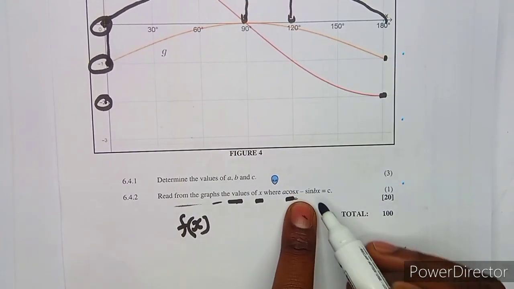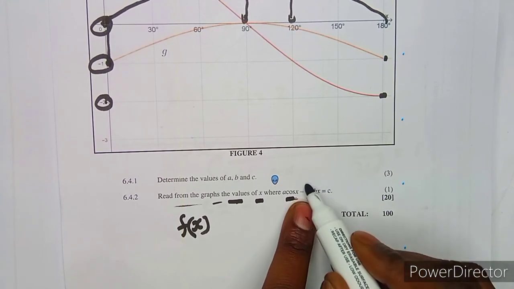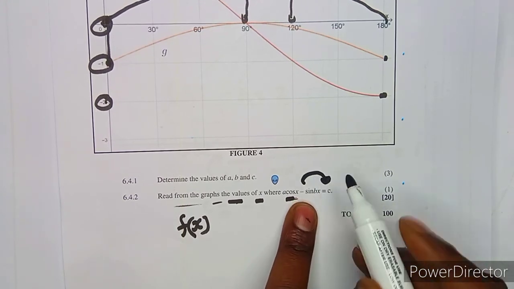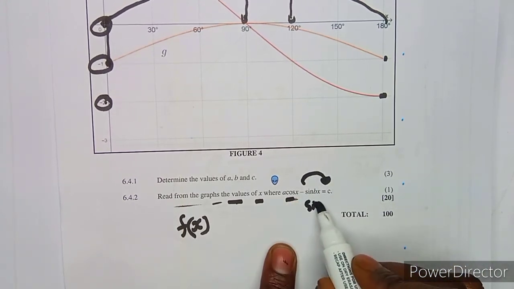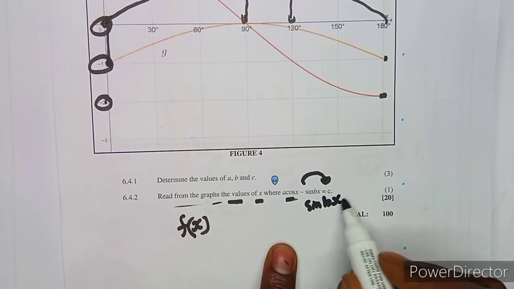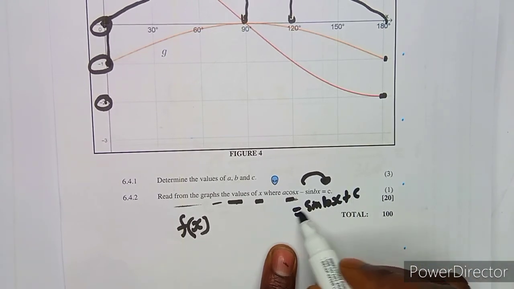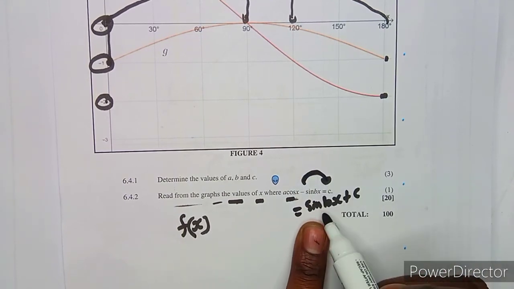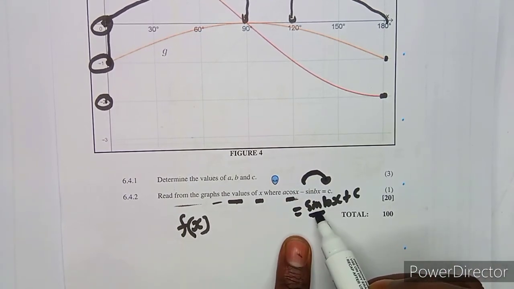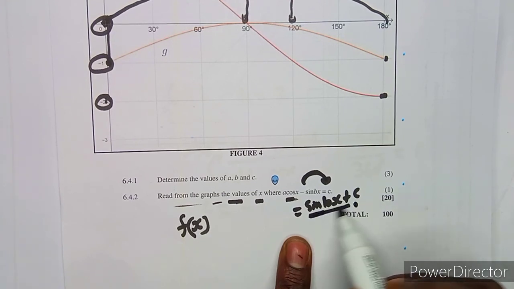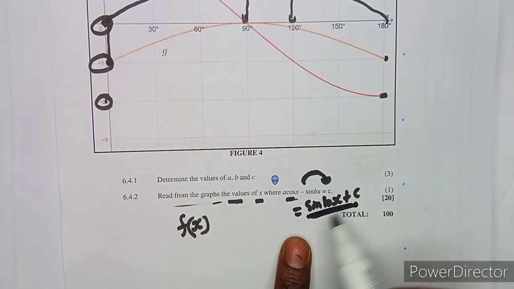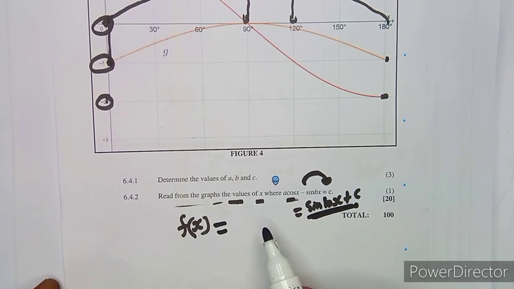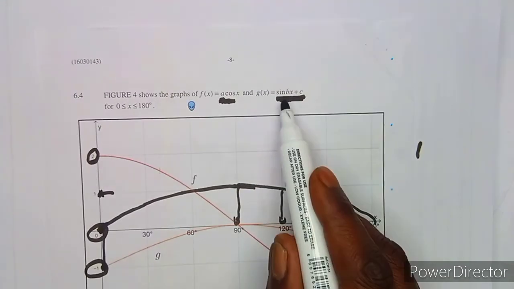If you transpose this minus sine bx to the other side of the equation, it is going to be written as sine bx plus c. If you transpose this negative, it is going to be positive sine bx, then plus c. And we know that this sine bx plus c is equivalent to g of x.